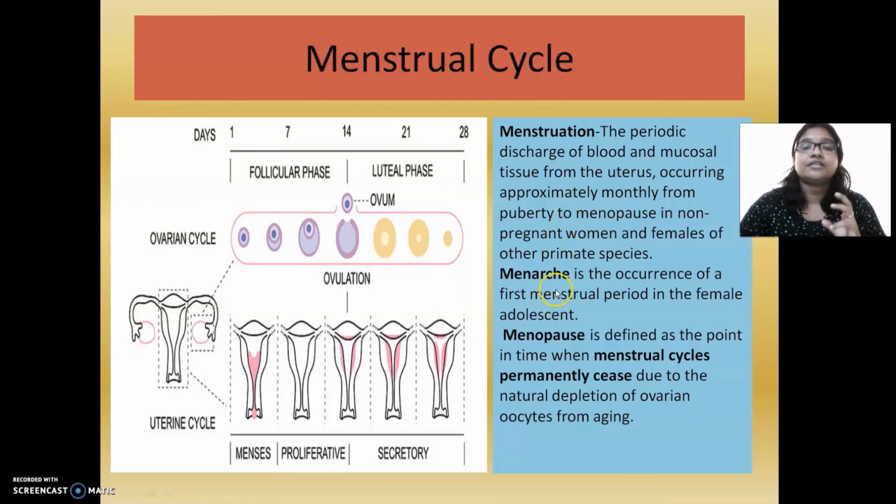The first menstrual period is called menarche, and it starts at the age of 10 to 13, and it lasts for about 45 to 55 years. The cessation of the menstrual cycle, we call menopause, by 45 to 55 age. By that age, the menstrual cycle will be permanently stopped, and that is called menopause.